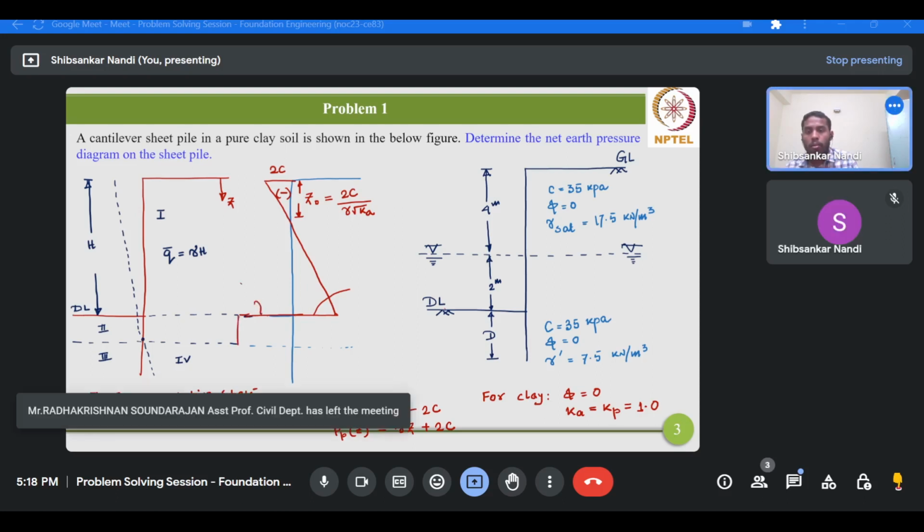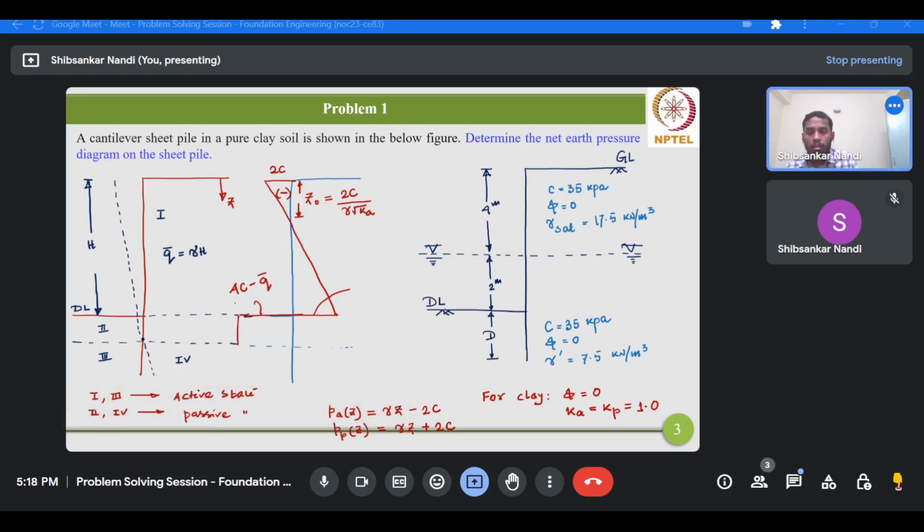And this value is your 4C minus q bar, and this value is your q bar minus 2C.